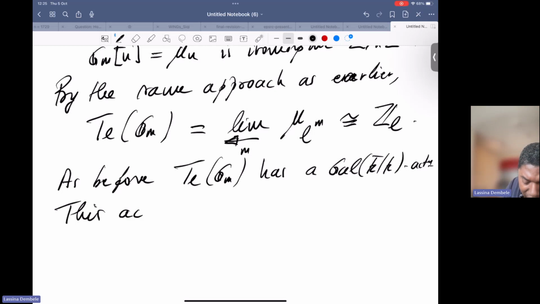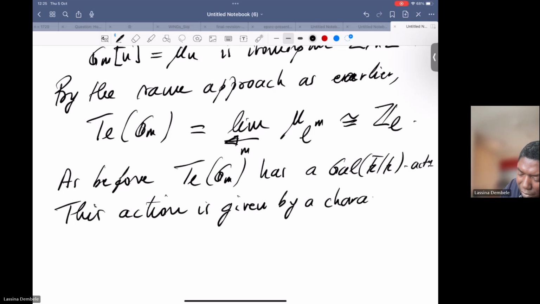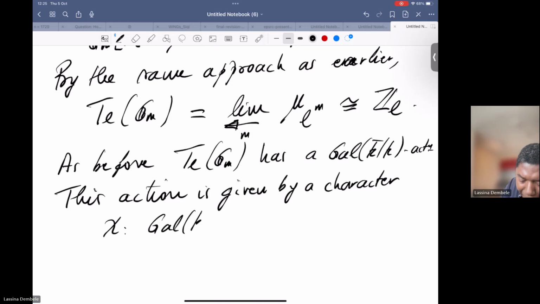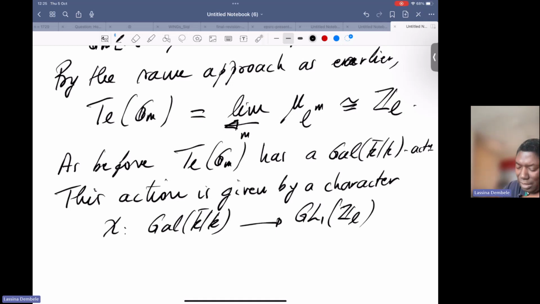So what we have in this case is that because TL is just a rank 1 module over ZL, the action would be given by 1-by-1 matrices, and of course this is isomorphic to ZL cross.